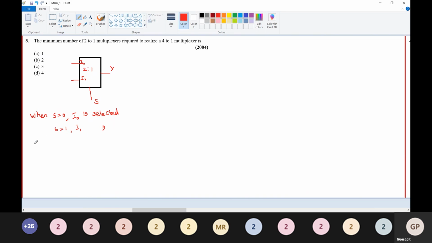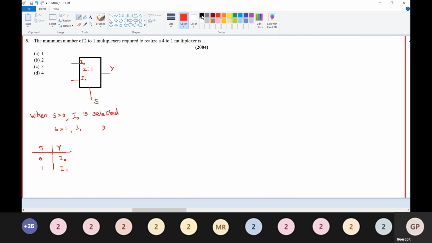I'll represent this in a function table for better understanding. S is your selection line and Y is your output. When S is equal to 0, Y is equal to I0, and when S is equal to 1, Y is equal to I1. Now our job is to draw a 4:1 mux using 2:1 muxes.